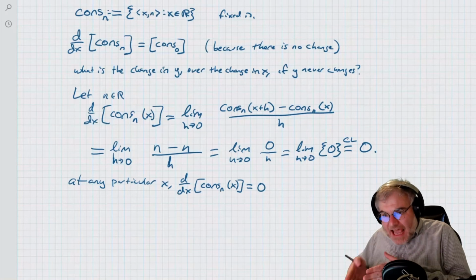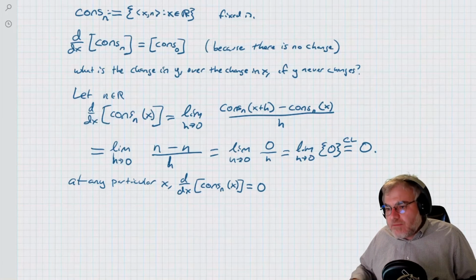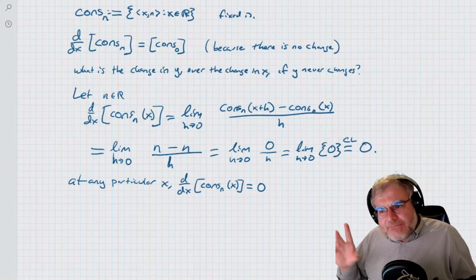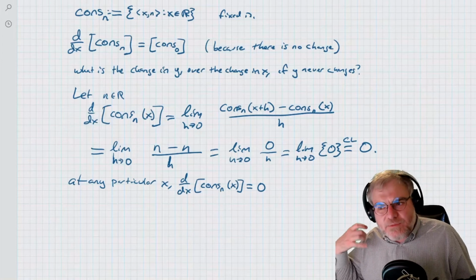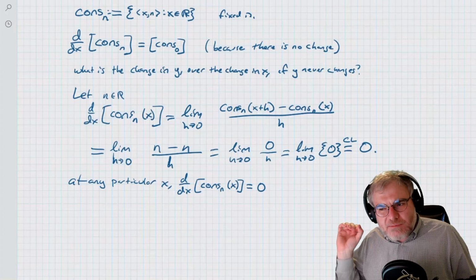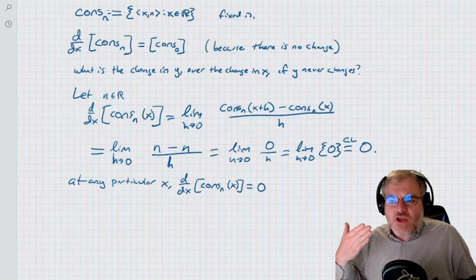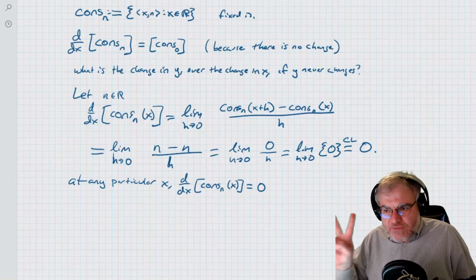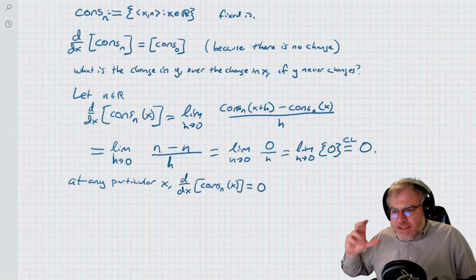For any fixed x, the derivative is 0. The slope of the tangent line is 0. But there's this subtle little distinction. I don't even want it in the front of your head, I just want it in the back there itching. Wait a minute. Am I talking about taking the derivative of the constant function, or am I talking about taking the derivative at a particular constant? Because those are two different questions. Okay, I just want this in the back of your head.